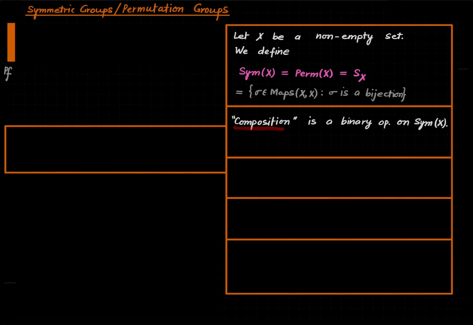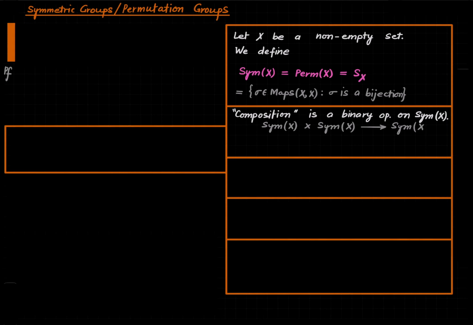And here is the binary operation. Composition is a binary operation on this set. What does that mean? It means that if you consider this map, which takes a function sigma and a function tau and produces the composition of them, this is a binary operation on Sym X, simply because the composition of two bijections is again a bijection.